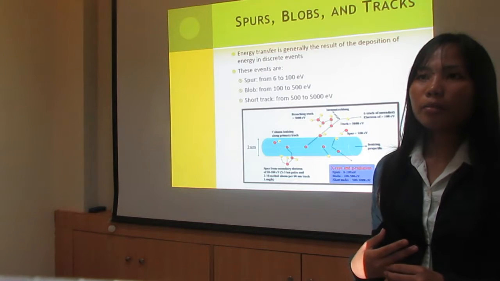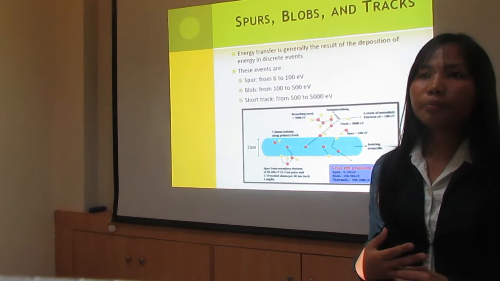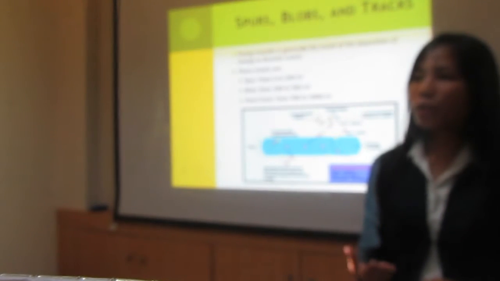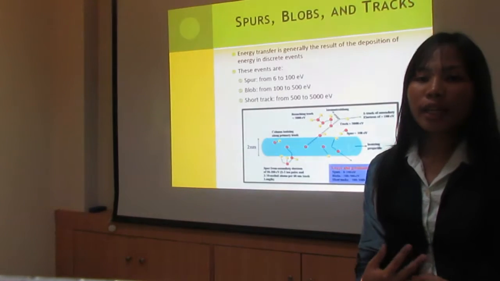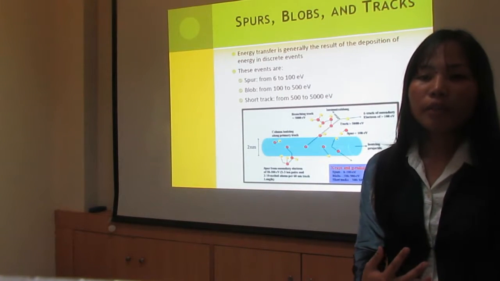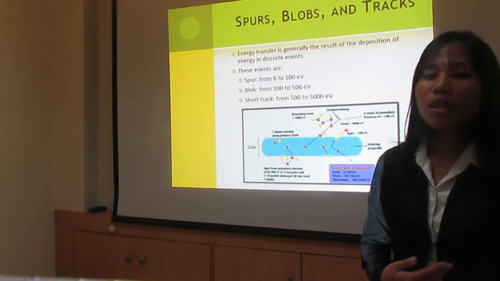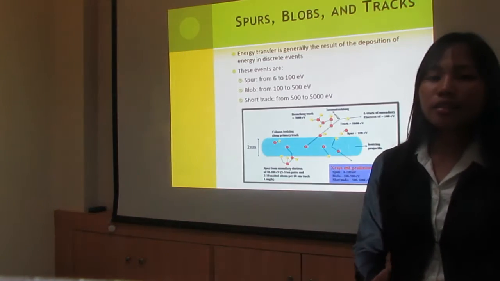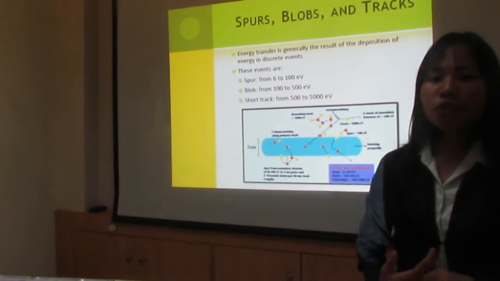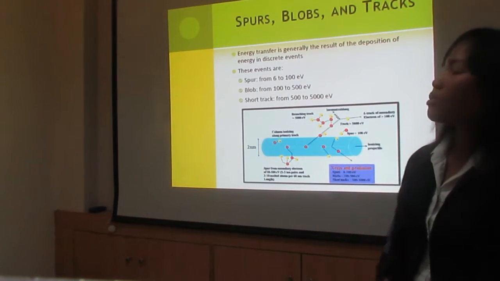So individual, or a unique time scale technique, confirms the localized concentration of radicals produced. The conjuncture of ions and radicals forms spurs, blobs, and tracks.